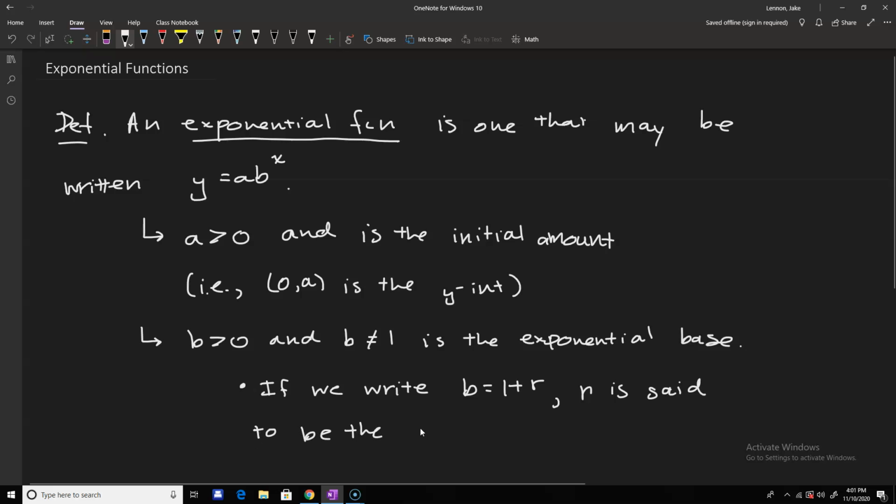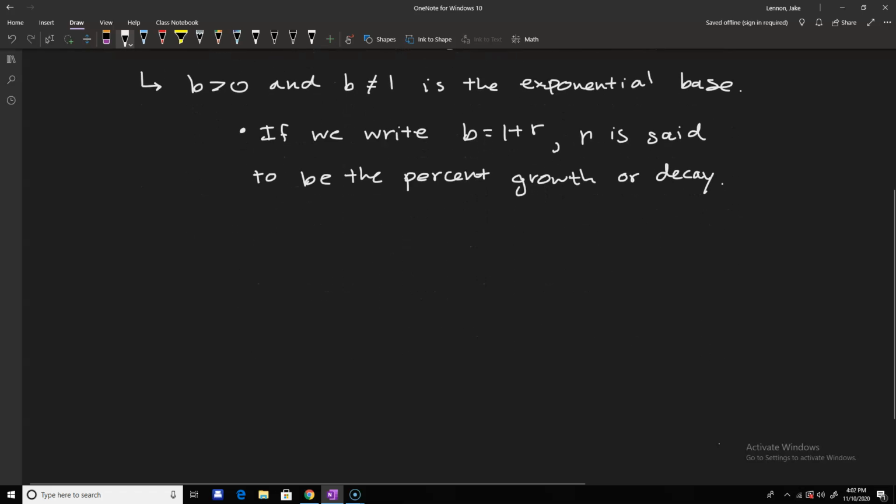It'll be growth if the percentage is positive, and decay if the percentage is negative. So we have quite a little bit of terminology there to introduce it.